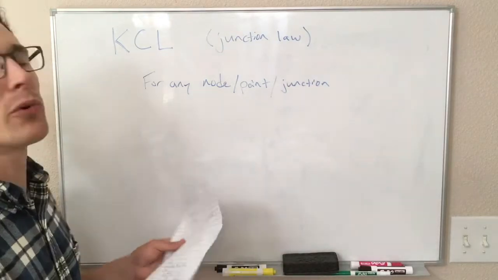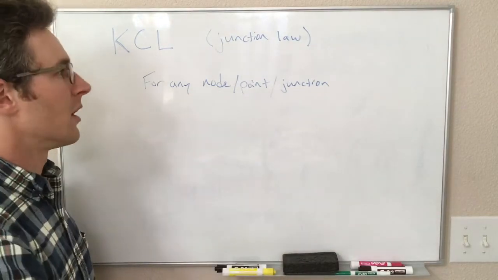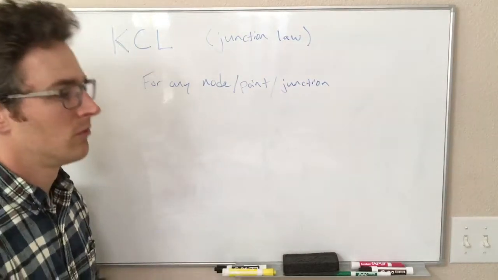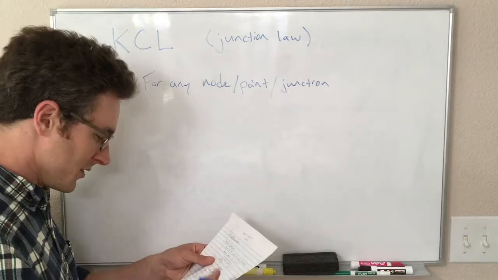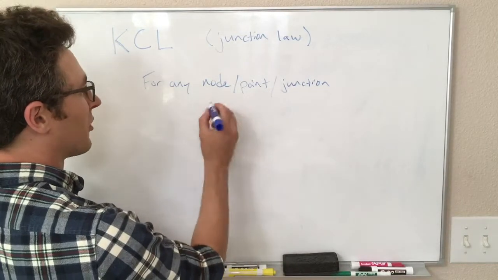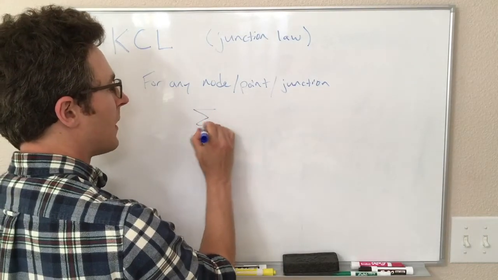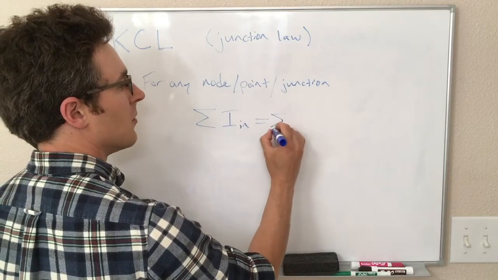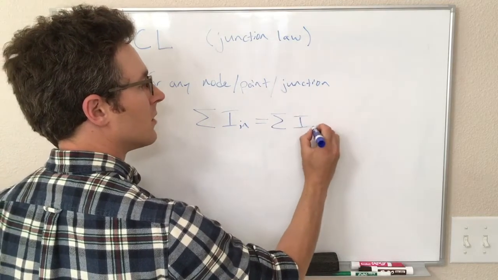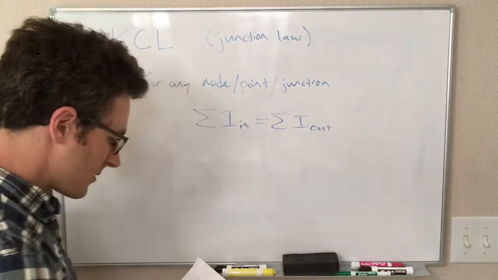Really, what it's saying is for any point on the circuit, this has to be true, but it's most useful where there's a point where stuff is coming together. You'll see. All right. So for any point, the sum of our currents into that point has to equal the sum of our currents out of that point.